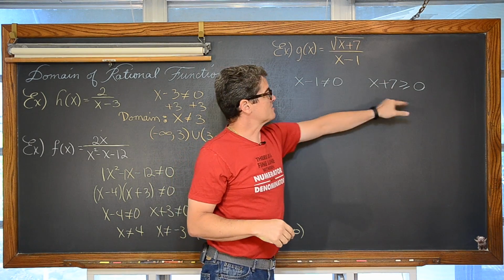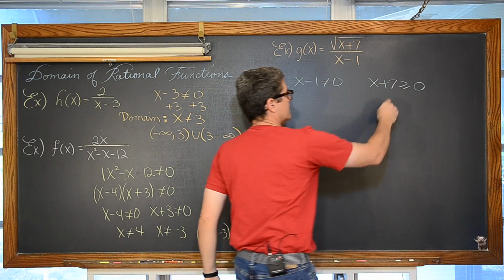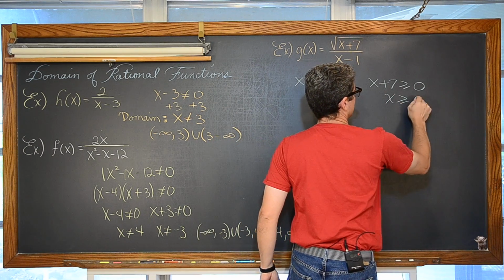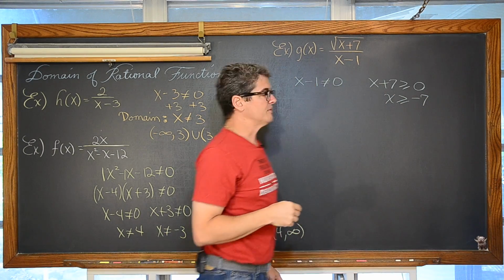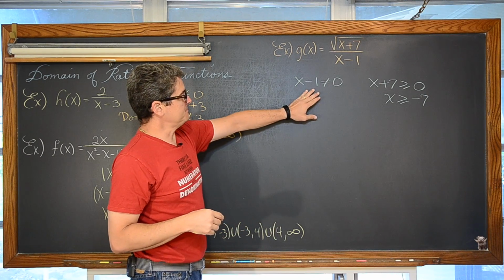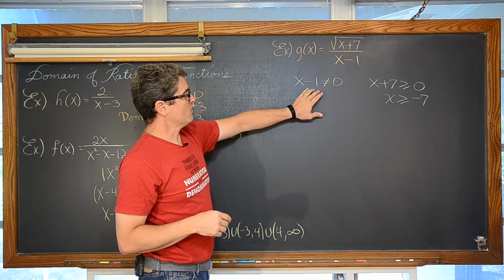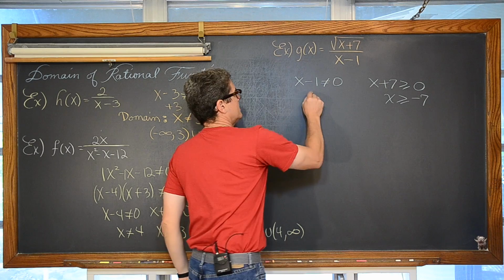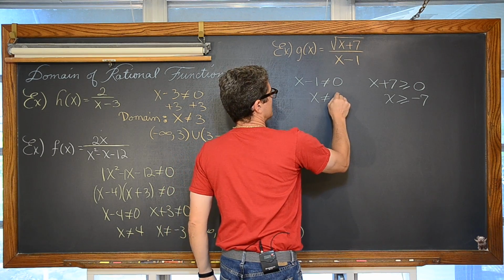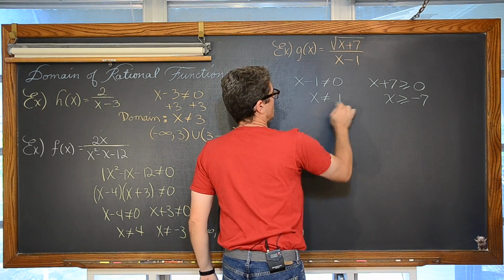We can subtract 7 from both sides and get that x has to be greater than or equal to negative 7. And here we're going to just add 1 to both sides and get x cannot equal positive 1.